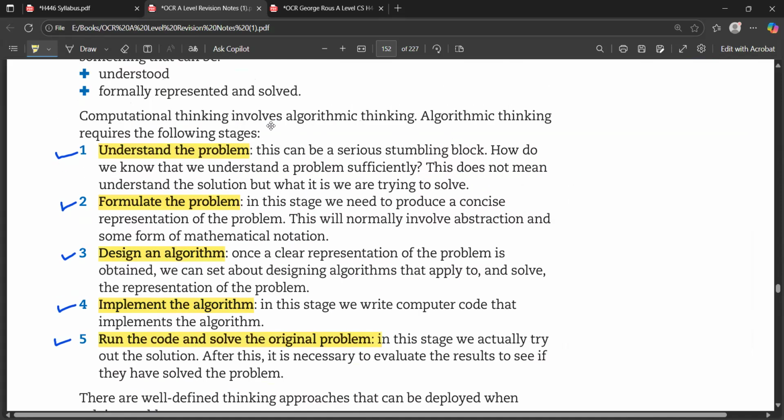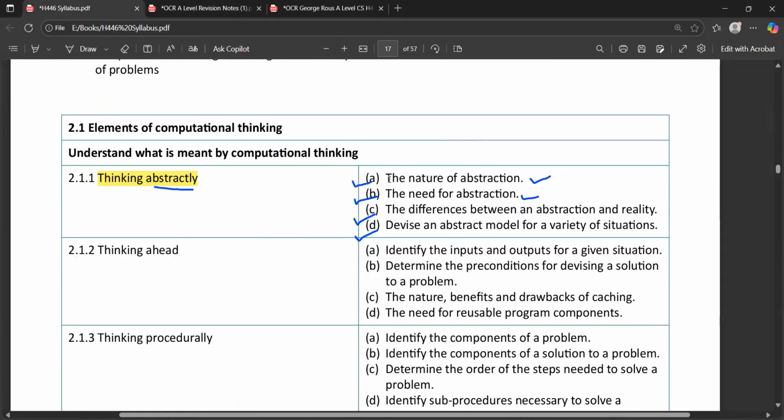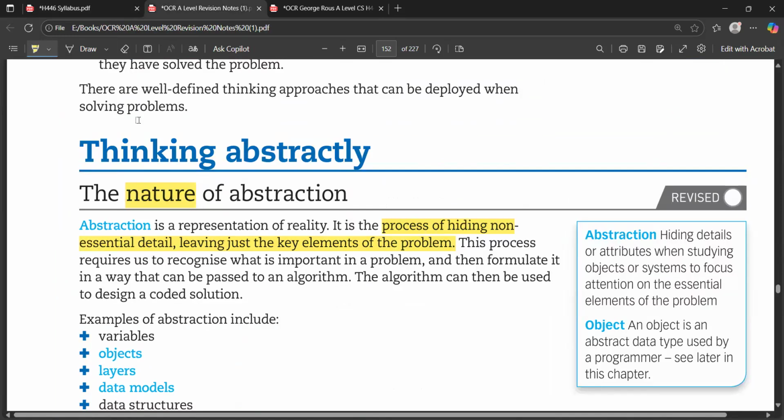So if I'm talking about the nature of abstraction, which is a part of your syllabus right here, it is more likely a representation of reality, and you are focusing on only what is required to you. This is the process of hiding non-essential details.